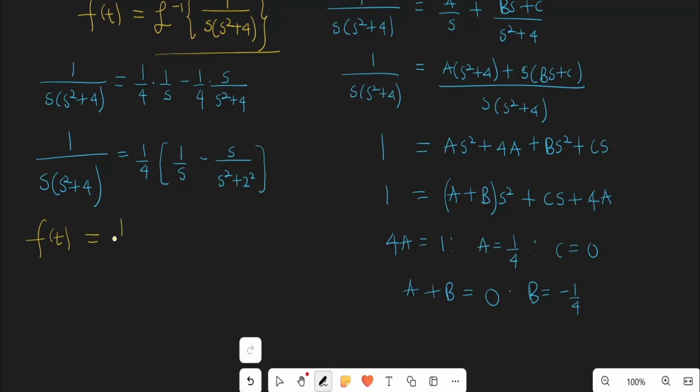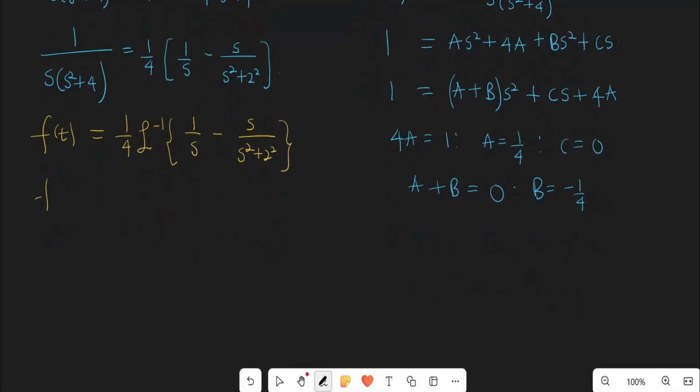So the Laplace inverse of our function, f of t, is the Laplace inverse of the remaining function. That is going to be 1/4, which is a constant, and then the Laplace inverse of 1 over s minus s over s squared plus 2 squared. Cool. So f of t is going to be 1 over 4 times the Laplace inverse of 1 over s, minus the Laplace inverse of s all over s squared plus 2 squared.